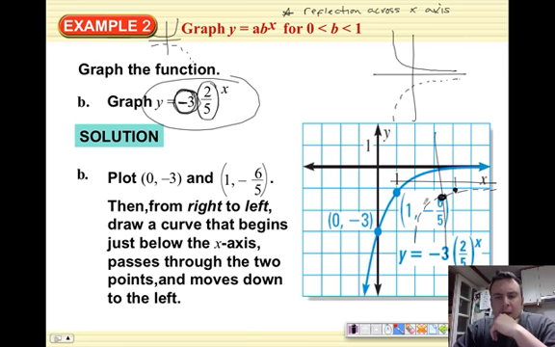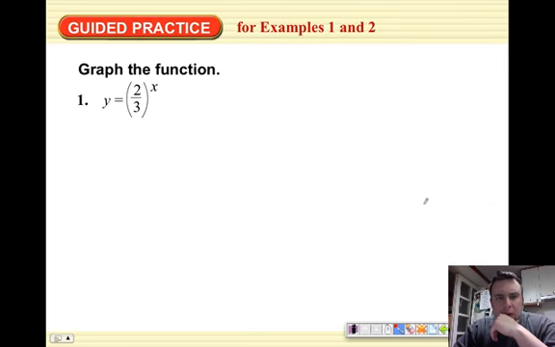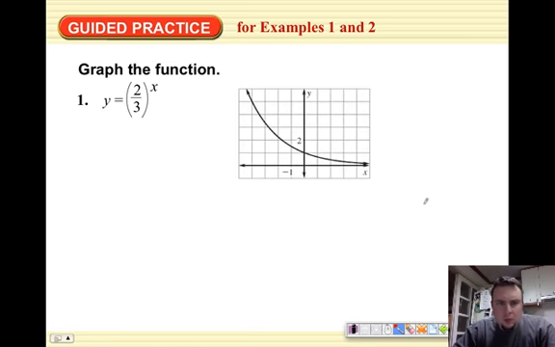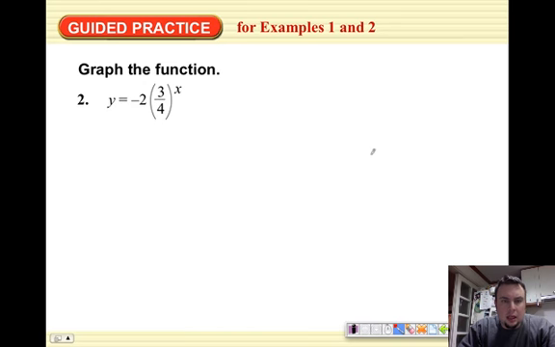Okay, now, what else do you need to know? You can practice these functions here. You should be able to know a function by now just by looking at the equation. 2/3 to the x, that's a decay. As you can see, it's going down, decay. This has a negative a, and it has no h and k, so therefore it didn't move left, right, up, or down. So it's just a negative.